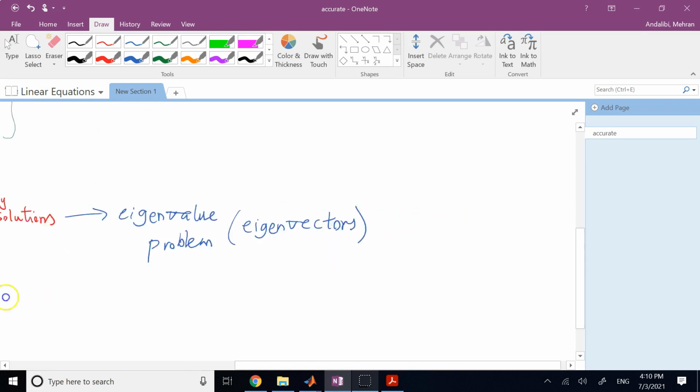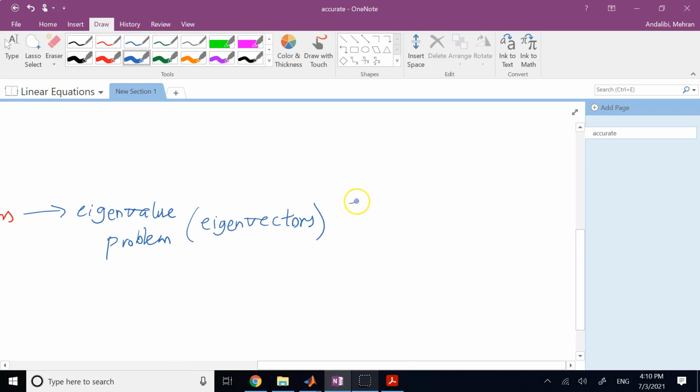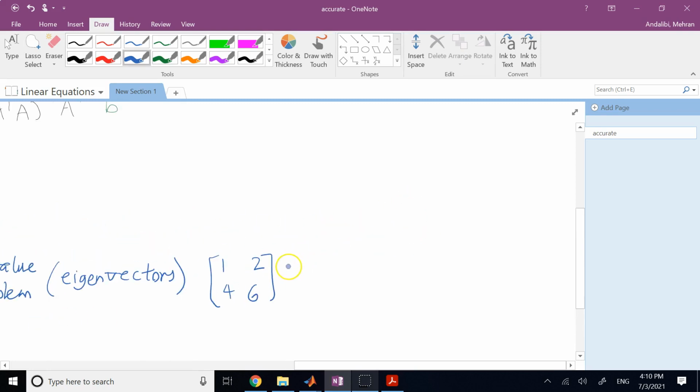So for example, if I have a matrix like this, 1, 2, 4, and 6, when I get the eigenvalues, it gives me two eigenvalues. And when I get the corresponding eigenvectors, v1 and v2, then all I have is actually two ratios and not just these two vectors.